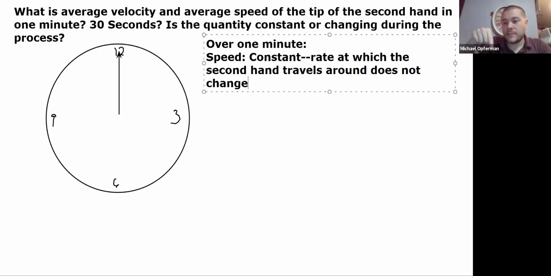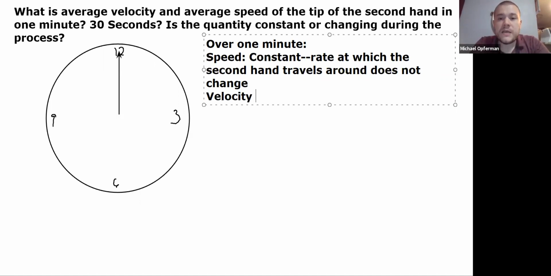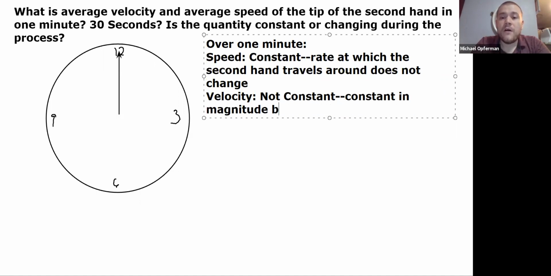It goes around at a steady rate. It always goes around at 1 second per second, so to speak. But the velocity is not constant. It's constant in magnitude, but not direction. Okay, let me explain.